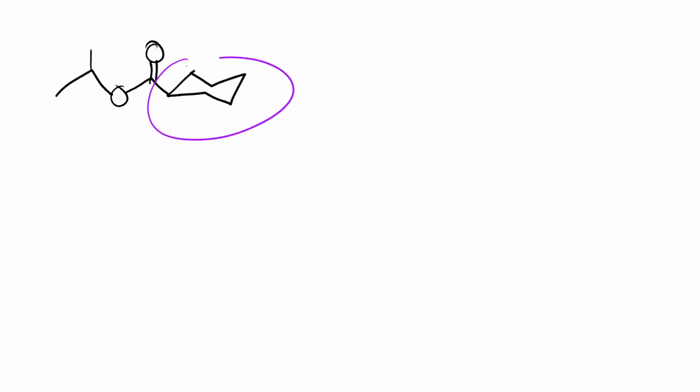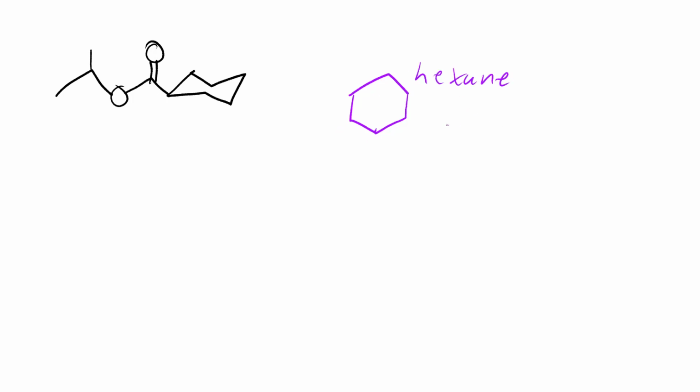Right. So for starters, this right here is not a functional group. What you're seeing me draw is, let's see, 1, 2, 3, 4, 5, 6. That's a hexane. And we're actually just laying the hexane down on the floor and kind of bumping it up, right?